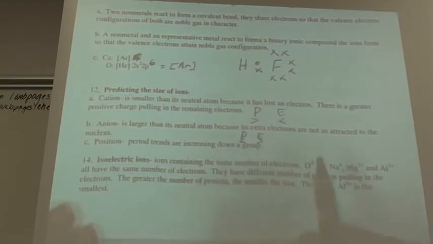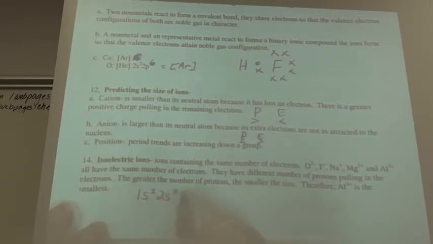I want you to know that ions are formed in order to attain a noble gas configuration. Oxygen would be 1s2, 2s2, 2p4.